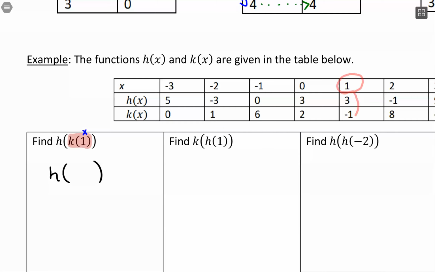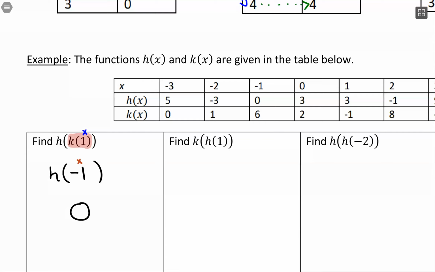So x is 1, k is -1. So I'm going to replace that k of 1 with a -1. And then this means now I'm looking at x equals -1, and what is my function h doing? So at -1, h is equal to 0.